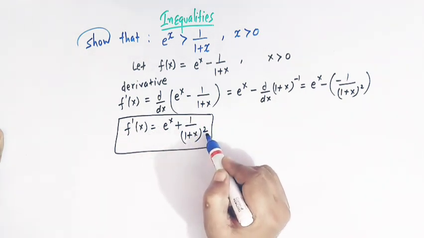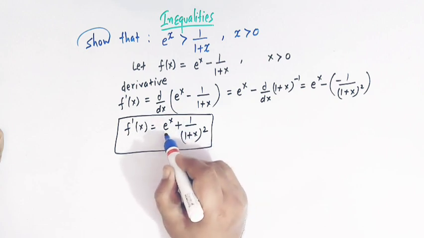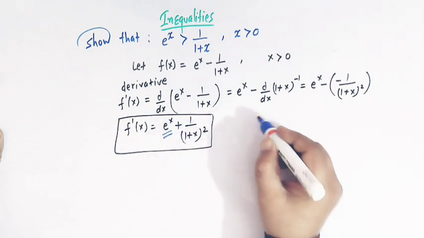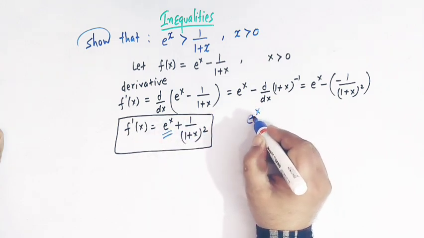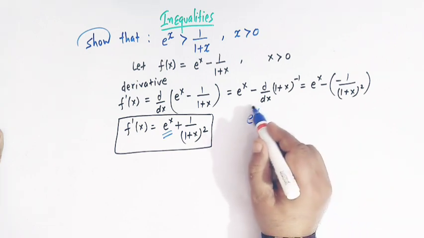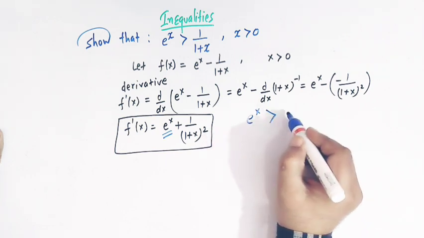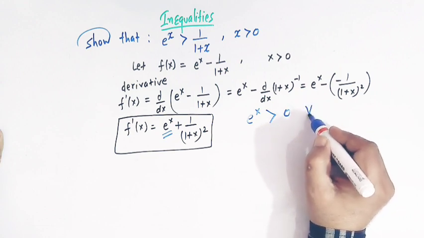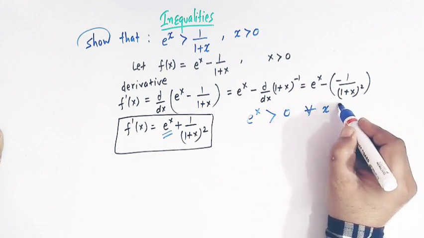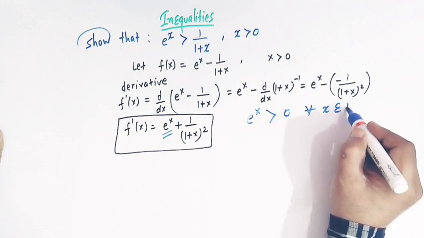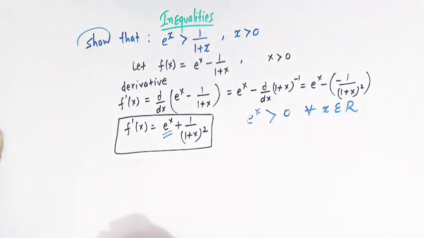Now see this term, right? e raised to x is the exponential function, and this function is always greater than 0 for all values of x belonging to the set of real numbers, right?